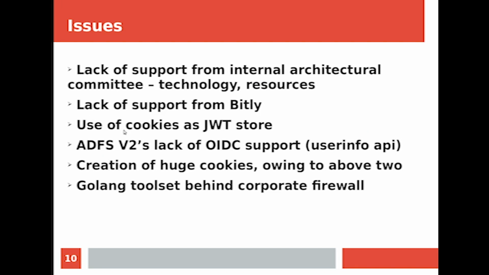If we compare a product like this to any other commercial off-the-shelf product available in the market, a better implementation would have been to use a backend store where all of this user information is held in an encrypted or unencrypted format, and a hash of that is produced, and the hash is held in the cookie.